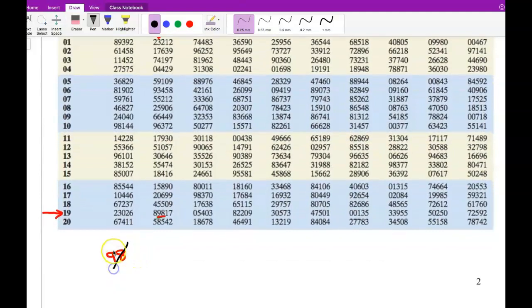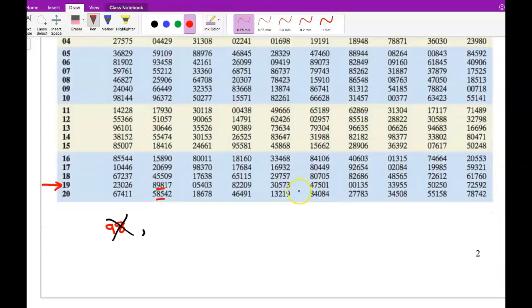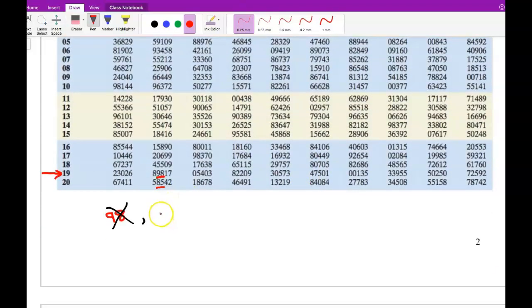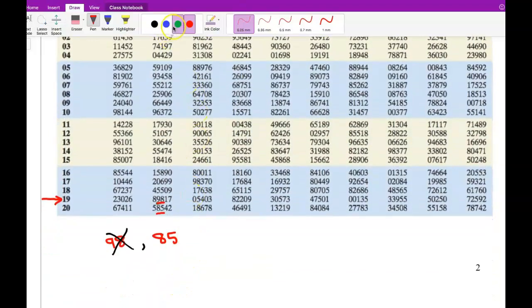It is not acceptable because it is greater than 87. Okay, next one. We're moving downward, as the question asks. The next one is 85, and this is less than 87, so we can accept this.